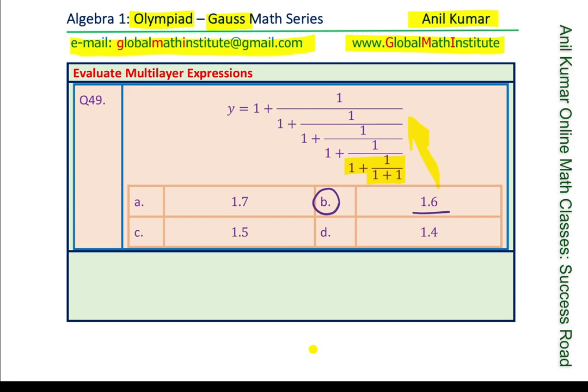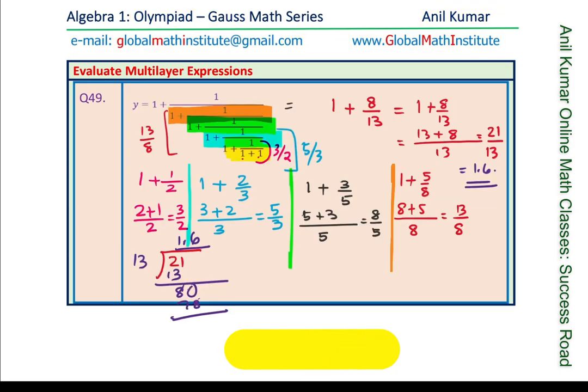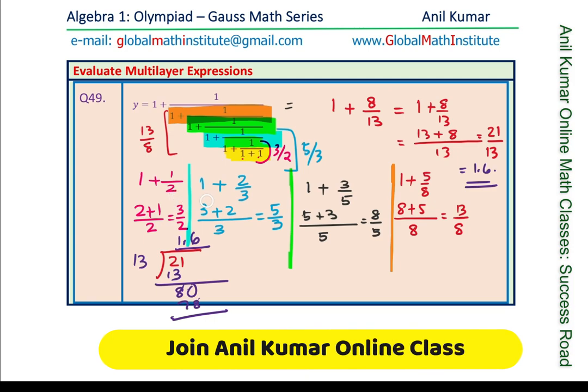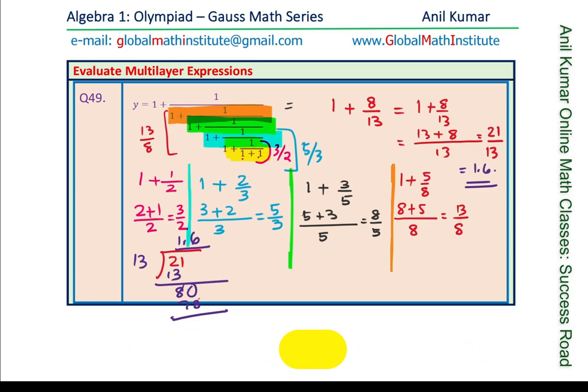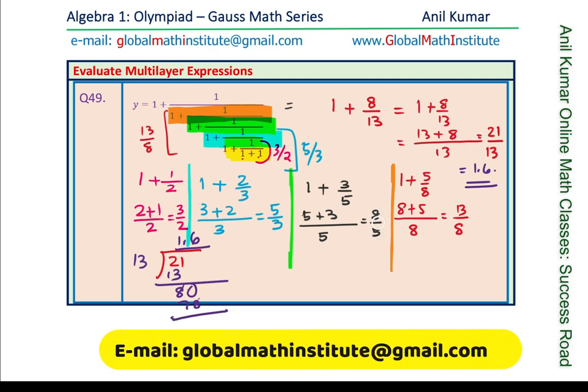And as we were doing the addition, if you observe what was happening, we started with 2 over 3, and then we added, we get 5 over 3. Do you see that? So there's a pattern which is giving us numbers which add 8 and 5, and when you add that, you get 13 over 8.